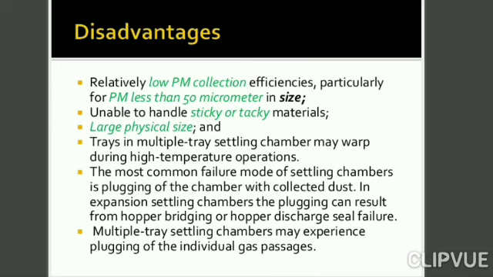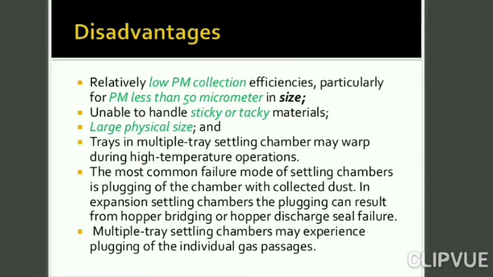They are unable to handle sticky or tacky materials, and the large physical size is also a drawback. Trays in a multiple tray settling chamber may warp during high temperature operation.